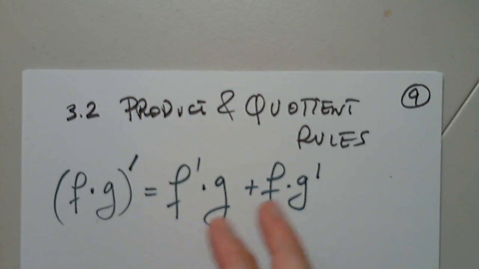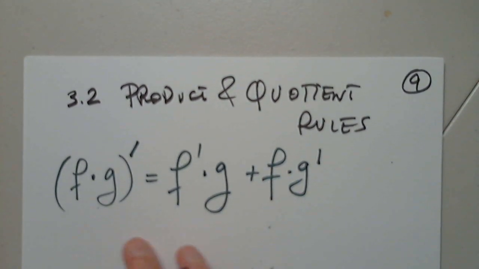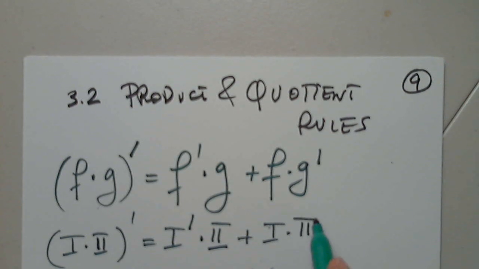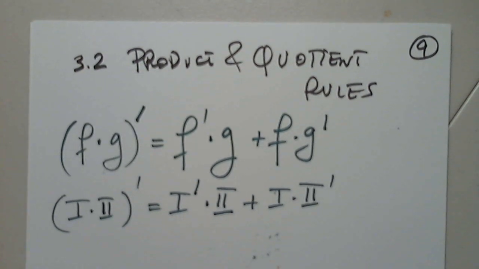Your book may twist this or may twist this, whatever you prefer, it's fine. Why I like this is because it's the first prime times the second not prime, of course, plus the first times the second prime. It's a matter of habit. You will develop your own, and I'll accept it.